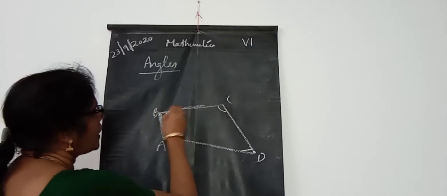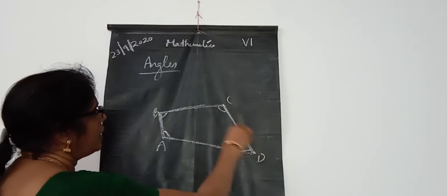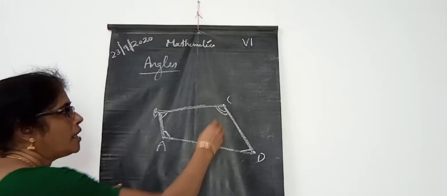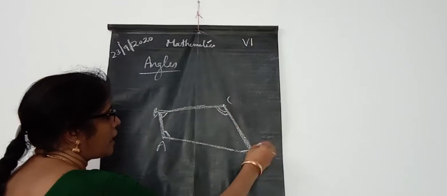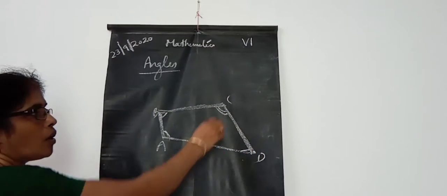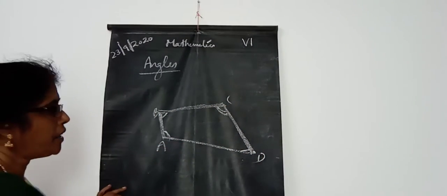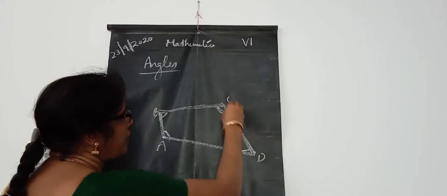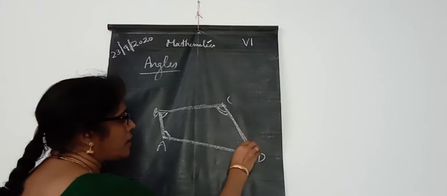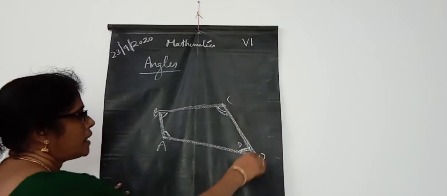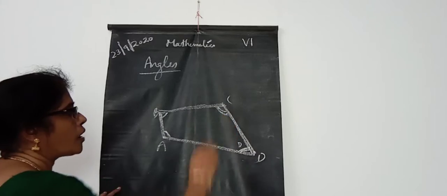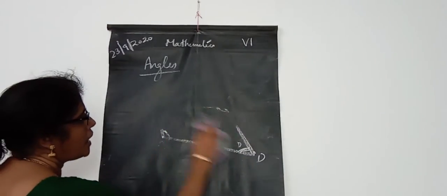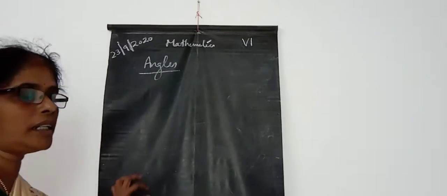If we take the two rays BC and CD, then you will get one vertex, that is C, and angle BCD or angle DCB or angle C. Or if we take the two rays AD and DC, we will get angle D, angle CDA or angle ADC. They are the angles.